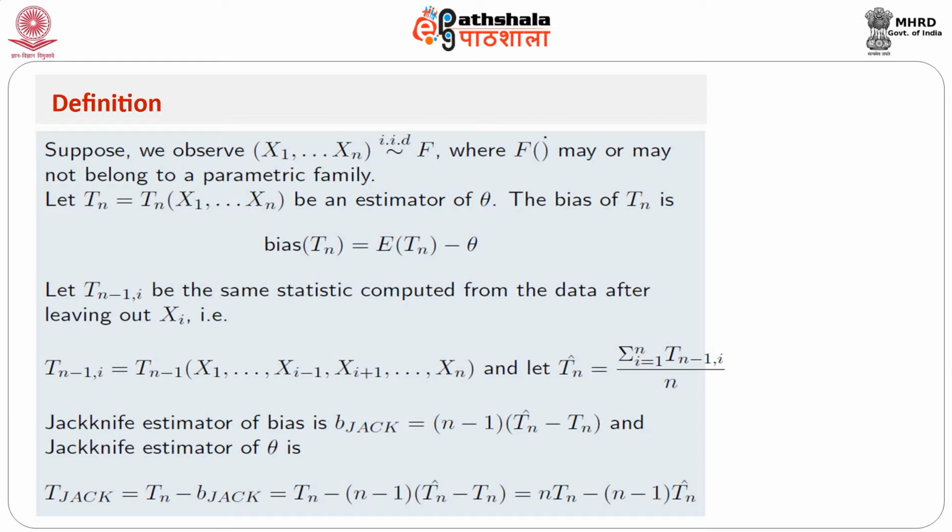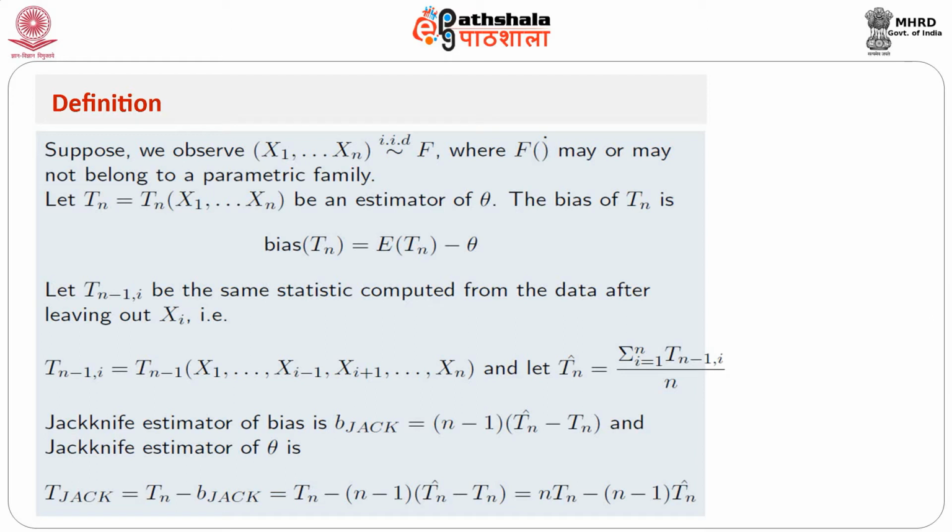So, we get Tn-1,1, we get Tn-1,2, we get Tn-1,3, and so on and so forth, and from there we construct Tn hat, which is the mean of all these Tn-1,i. So, it is 1 by n summation i equal to 1 to n of Tn-1,i.